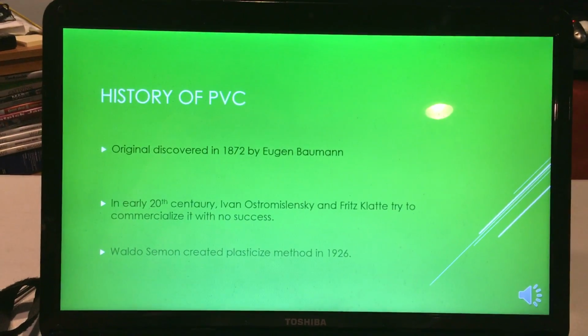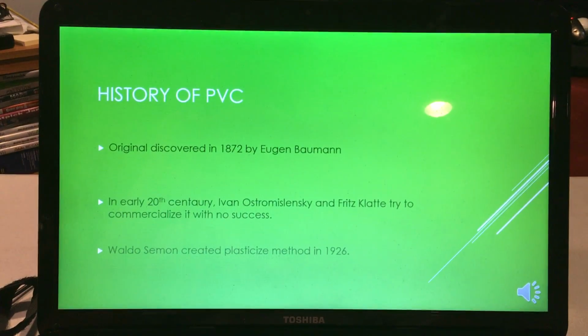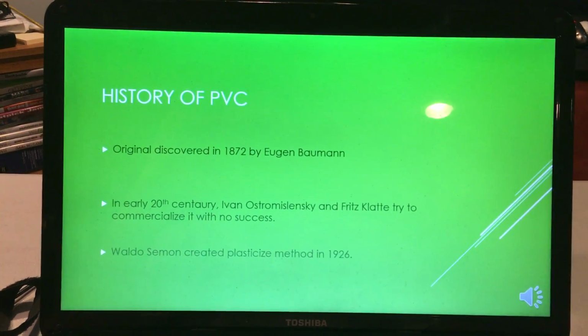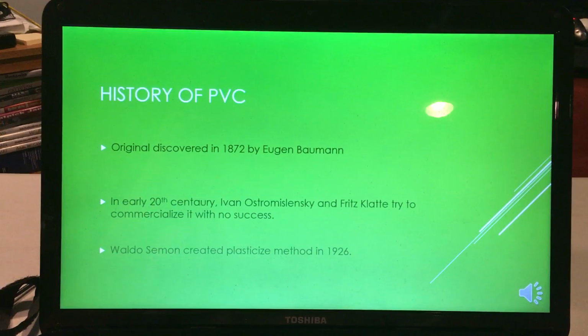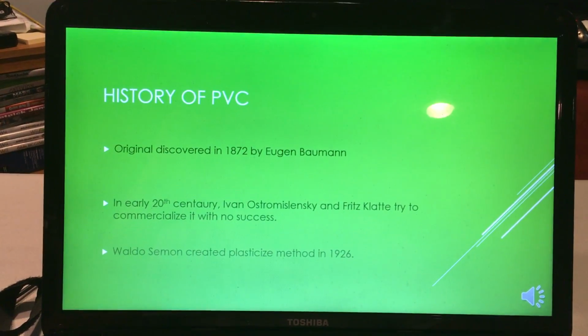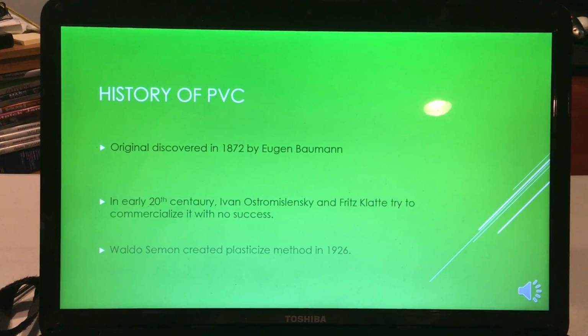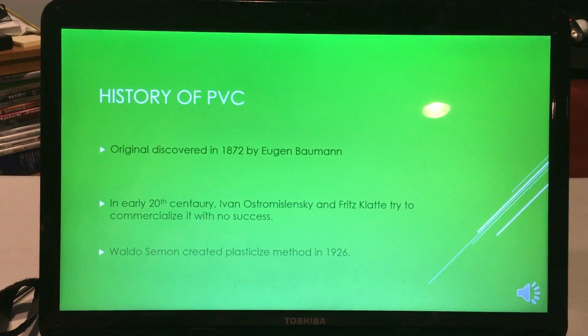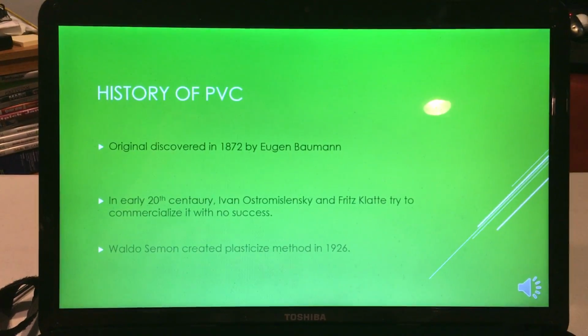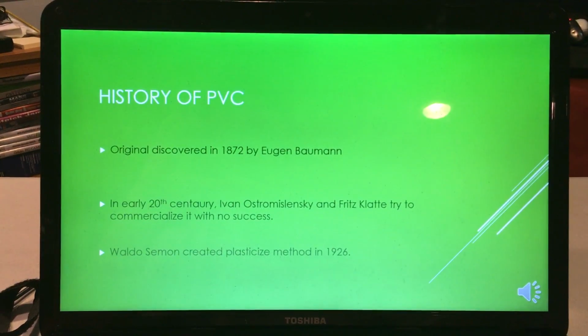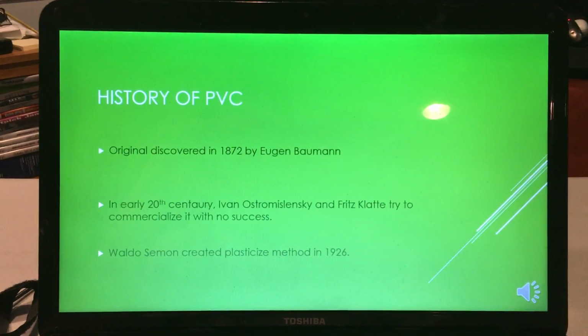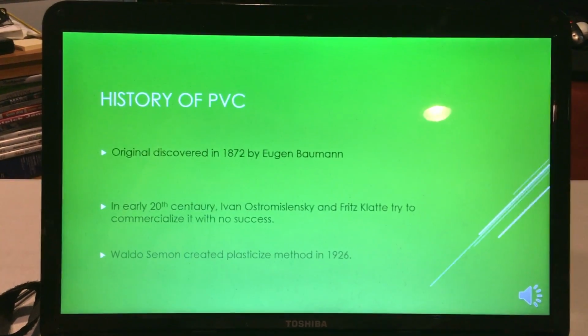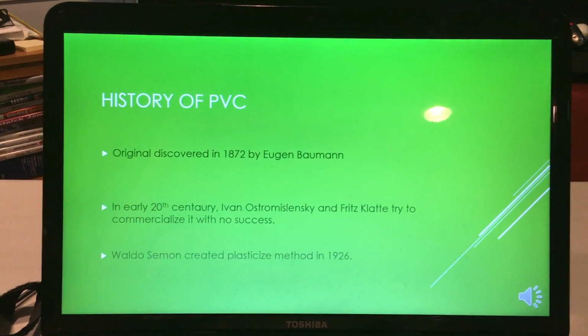So, history of PVC. It was originally discovered in 1872 by Eugene Baumann. It was discovered inside of a flask that held vinyl chloride, and it was exposed to sun for a long period of time, and that created the first PVC. It wasn't until the early 20th century when a Russian scientist named Ivan Ostrovsky, I believe, and a German scientist named Fritz Klatte tried to commercialize PVC, but with little to no success.